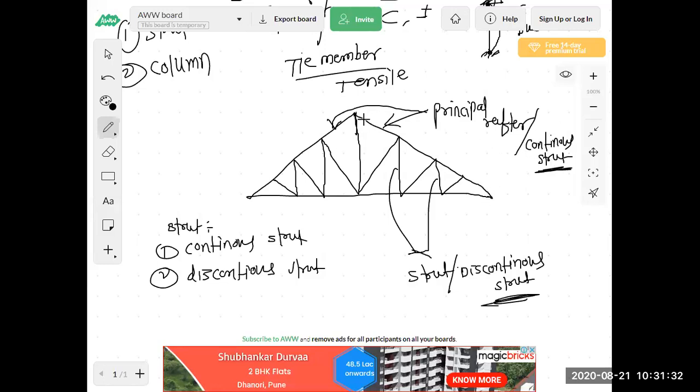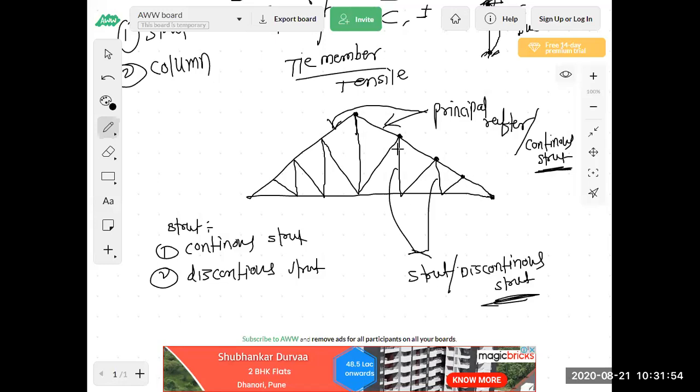So how do I define this? It is a compression member used in a roof truss, continuous over the joints. Continuous over the joints means this is the first joint, this is the second joint, this is third, fourth and fifth.